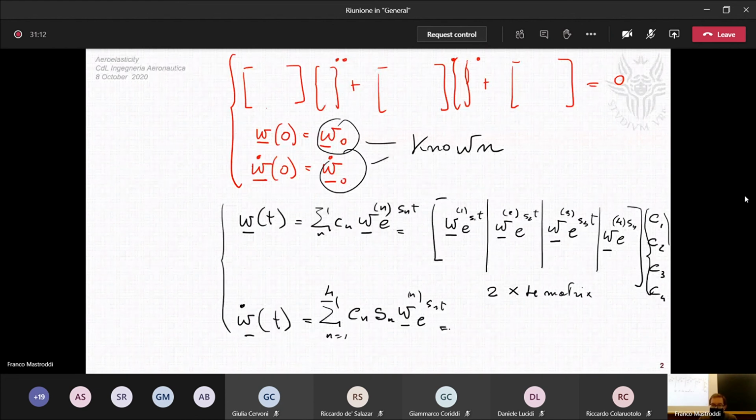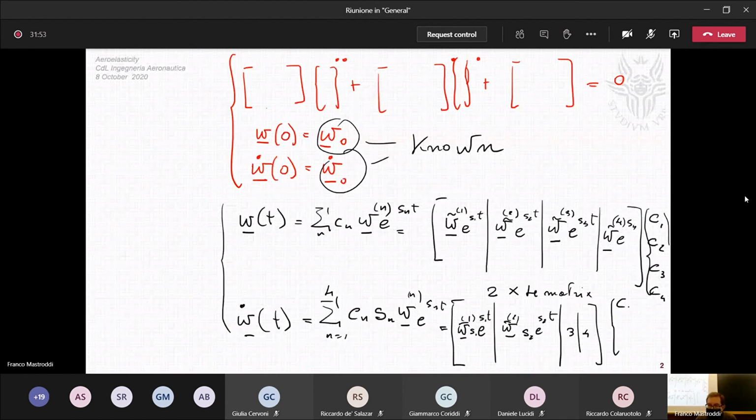And this can be written in the same way, but for column you have W1 tilde S1 e to the power S1t, the second eigenvector, tilde eigenvector, excuse me, S2 e to the power S2t, and please write the same column for 3 and 4 and apply this to the coefficients C1, C2, C3, C4.